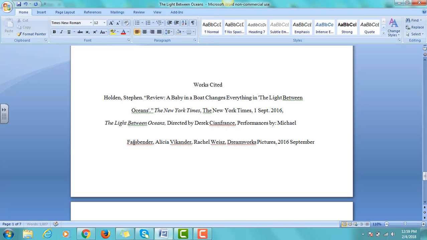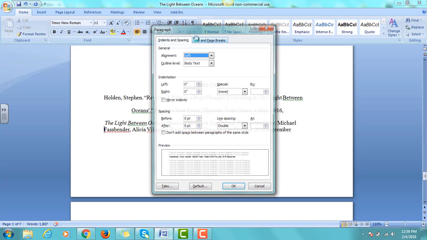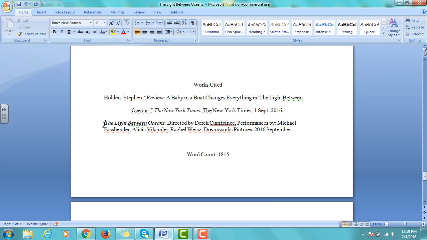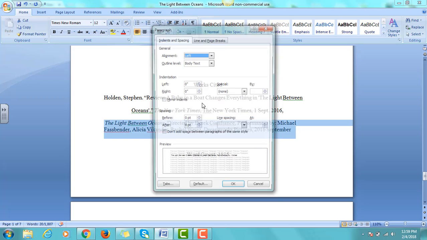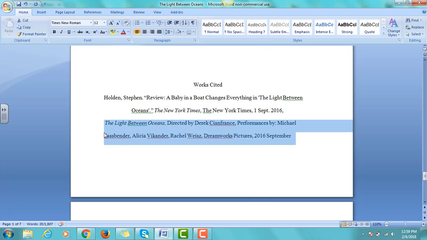Let's see, so these are kind of off a little bit. I'm just going to fix them. So a lot of people have problems trying to indent the second line.